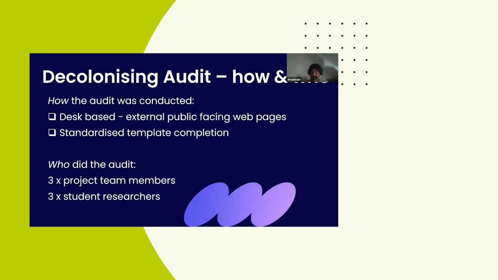So on the next slide, we're going to talk about how we actually did this audit. This was desk-based research on the external-facing public web pages. So we looked at the websites of those universities and HEIs. We looked at the information which was publicly available on decolonizing within the STEM and computing field.